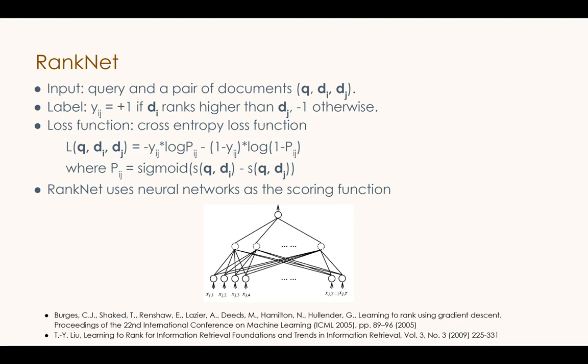RankNet uses a neural network as a scoring function, so it can represent nonlinear relationships between the query features and document features. This makes the model very rich. But if you look closely, it's just a classification algorithm on the pairs.